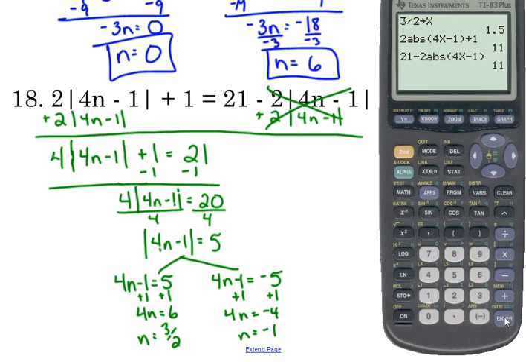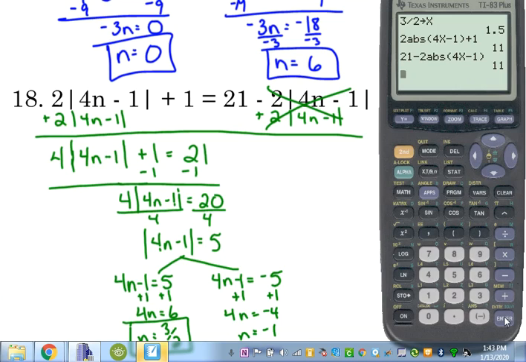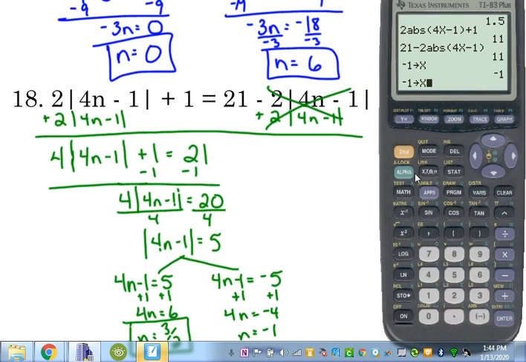I get 11, so 3/2 checks out. Another perk to storing that as x is that I can just overwrite the x value, negative 1 stored as x, and then I can do second enter. There's the right side of my equation. Second enter again. There's the left side of my equation.